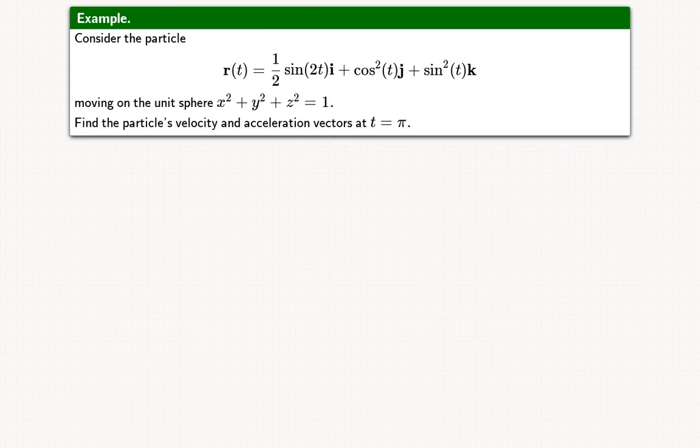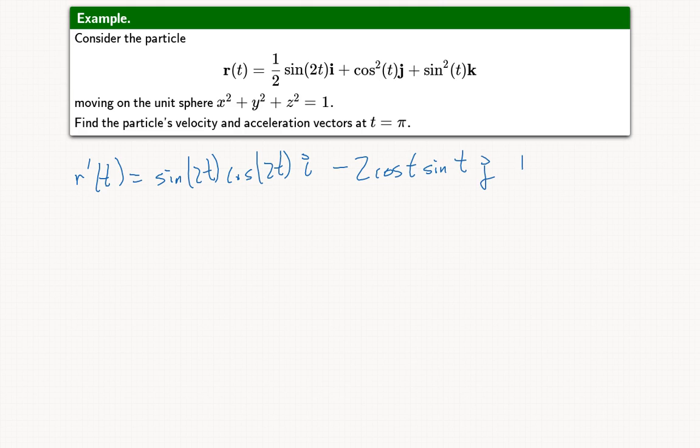Next, we're given a particle moving on the unit sphere, and we're asked to find its velocity and acceleration vectors at t equals pi. So if that's our function, then its derivative is going to be, let's see, sine 2t cos 2t times i minus 2 cos t sine t times j plus 2 cos t sine t k.